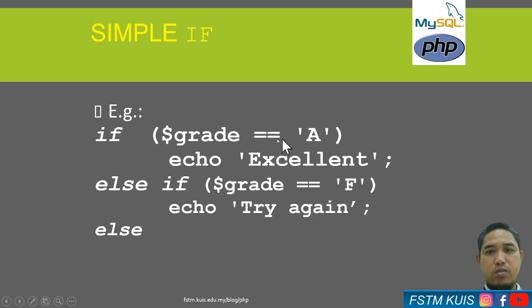If we find that this statement is true, then this action will be executed. If this statement is true, then the statement for providing the excellent output will be executed, and the rest will be ignored.